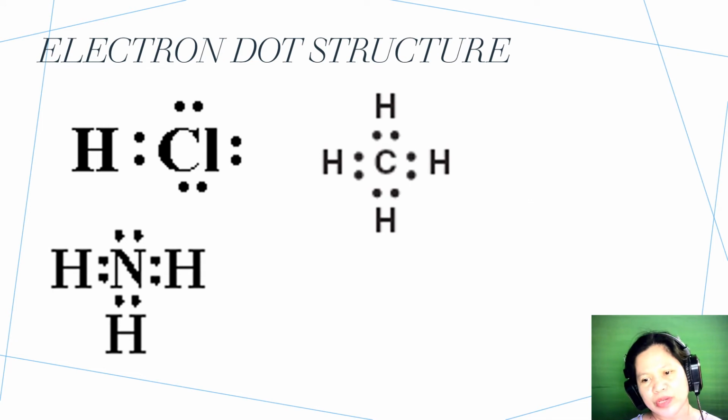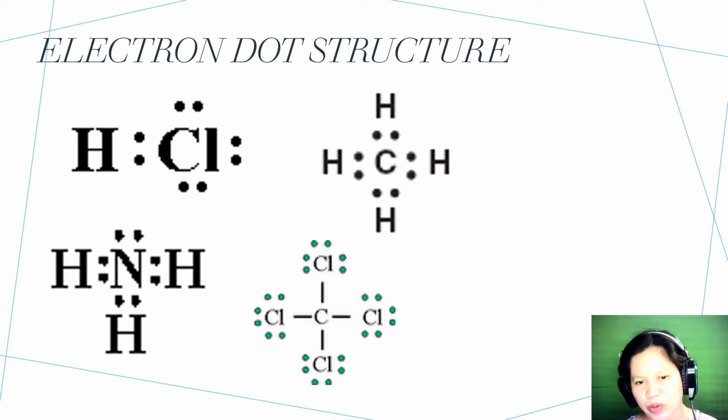Carbon and hydrogen. CH4. So, carbon has 4, right? 4 electrons in the outer shell. And there are 4 hydrogens that will be bonded to it. So, therefore, it's still a single bond. Next.